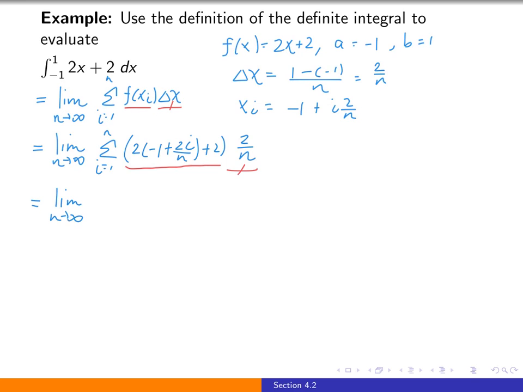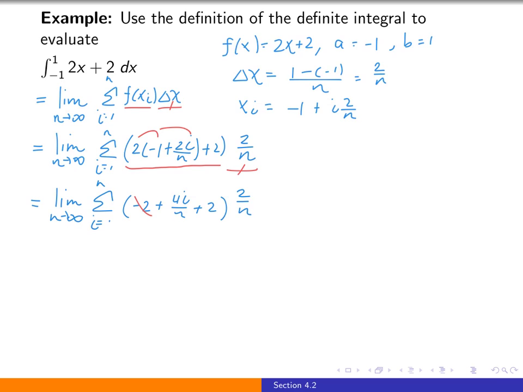So we have the limit as n goes to infinity, the sum from i equals 1 to n, and we have what? The 2 distributing through to each term. That will give us minus 2 plus 4i over n, and then the plus 2 that's there, times 2 over n. And this actually simplifies quite nicely.